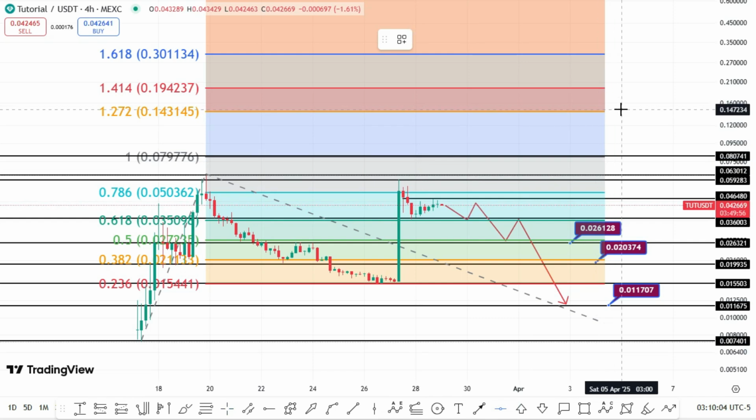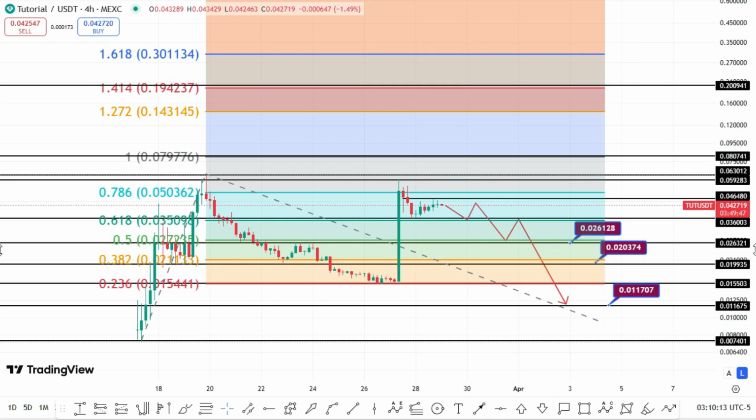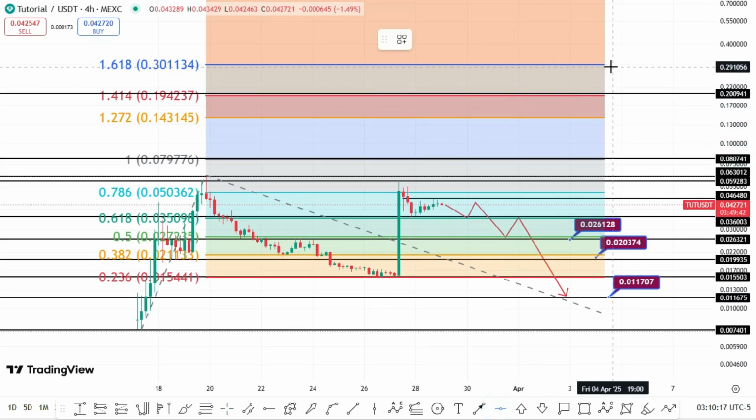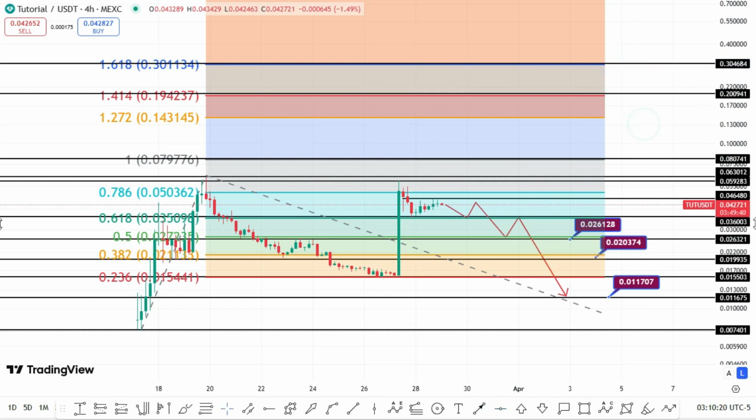Next is around 20 cent, this area, and the final target can be 30 cent for this bull run.